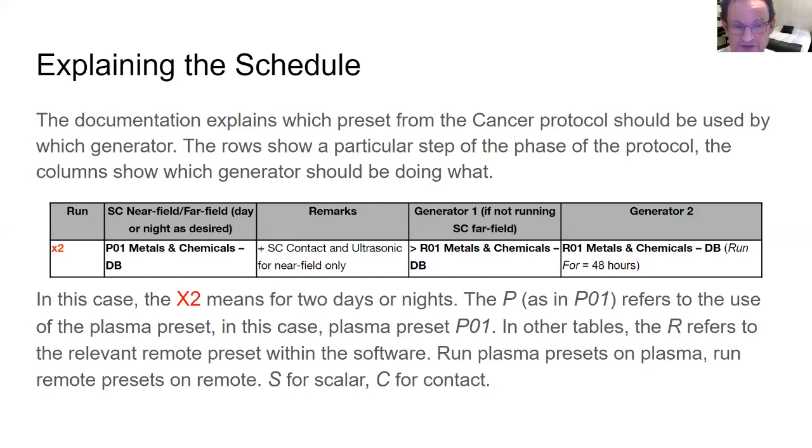You'll notice in the remarks section, it says near field only, and that's because you're dealing with a very complicated illness. SC stands for Spooky Central, which is the plasma device which has the extra add-ons of contact on the Spooky Central as well as ultrasonic.